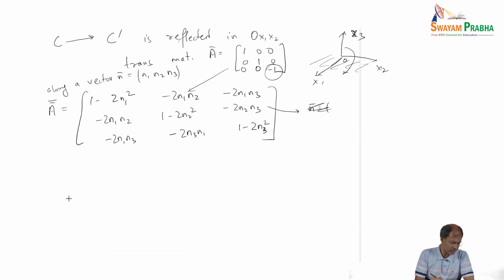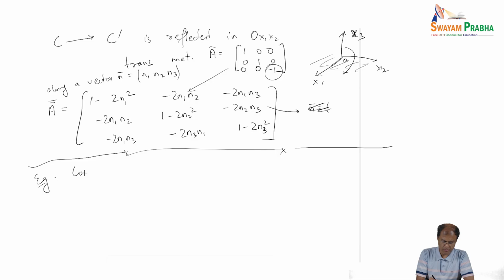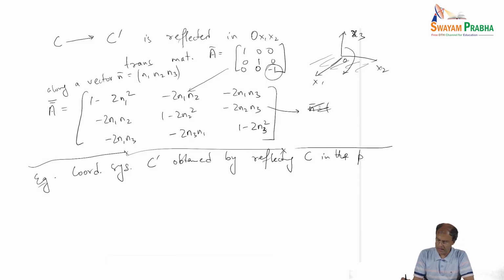Okay, so then we have some quick examples. Let me see this example. The problem says we have a coordinate system C prime obtained by reflecting C in the plane x3 equals 2x1 plus 2x2.